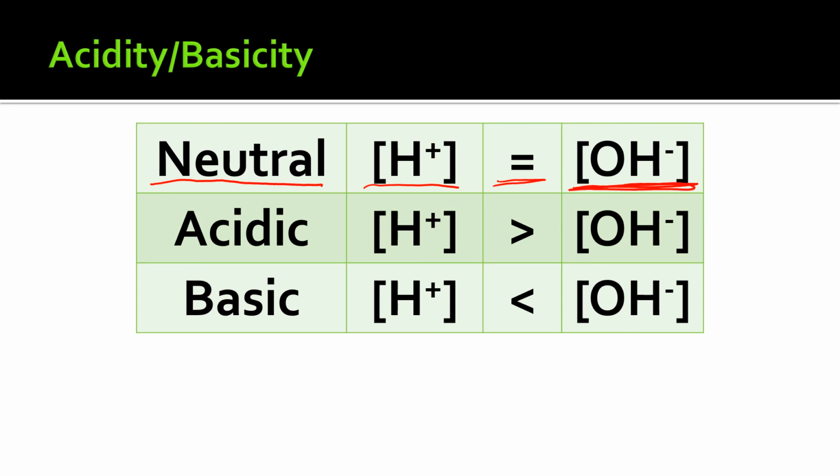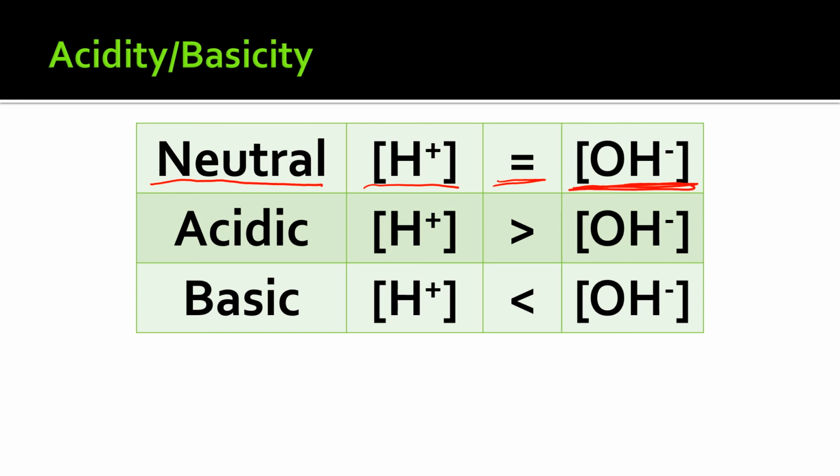Then, with acidic, we know that there is more hydrogen ion concentration than the concentration of hydroxide ion. Remember, even at a low pH, there's still some hydroxide ions in solution. The same is true for basic with hydrogen ions.